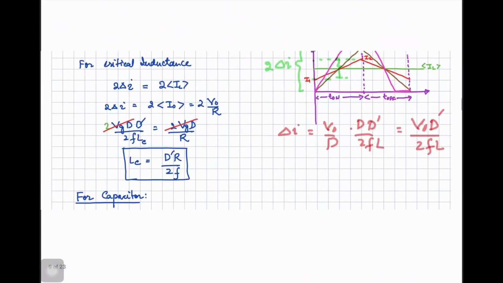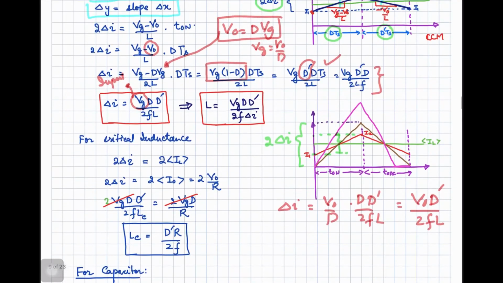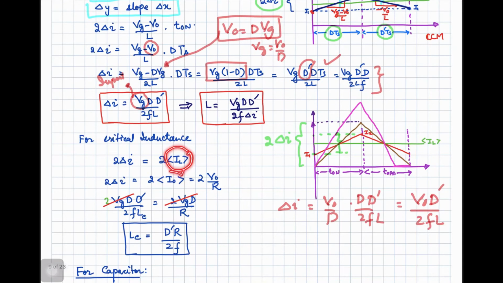So this average inductor current is the average load current, which is equal to the average voltage divided by the resistance. We have derived the expression for delta I, the ripple current, and if you take that expression and simplify, the critical inductance will be given by this expression.